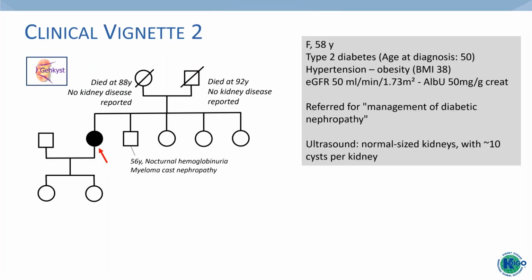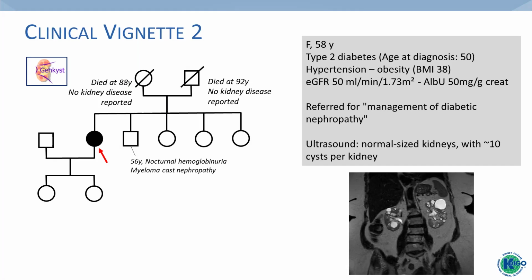So the second clinical case is the story of a 58-year-old woman with type 2 diabetes, hypertension, and obesity. Her eGFR is 50 milliliters per minute, and she has microalbuminuria, and she was referred for management of diabetic nephropathy. Her abdominal ultrasound indicated, though, the presence of bilateral renal cysts, and here is her MRI.